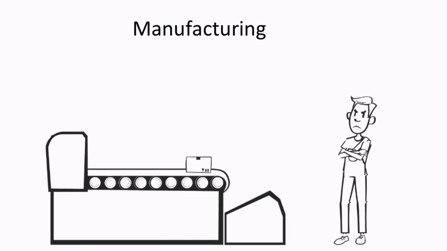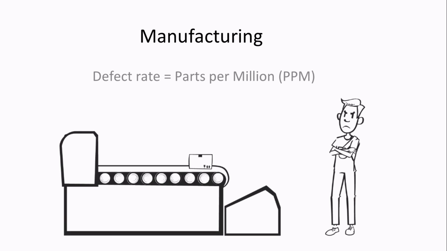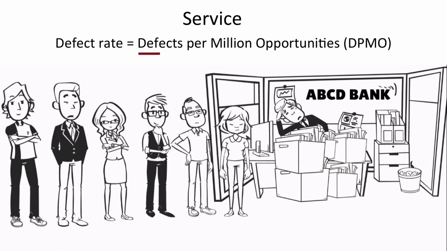If we want defects to really become an extraordinarily rare event, we can think of two measures. If you take the example of manufacturing, one possible measure is what is called parts per million defect rates, ppm. If you take services, a measure is called defects per million opportunities, DPMO.